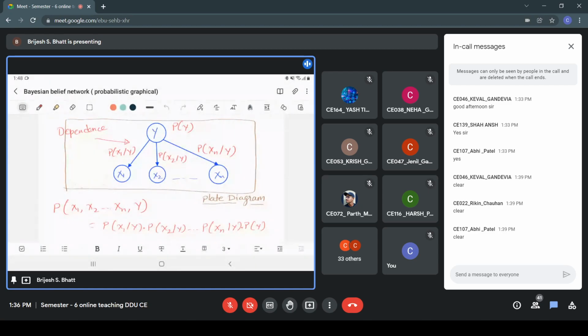Instead of writing this joint probability, I could draw this simple graph, right? And visually it is easier to understand. So that is also why people use this kind of graph. And we will see in probabilistic graphical models, these kinds of diagrams, known as plate diagrams, are very popular, where random variables, their dependencies and their combinations are represented through such figures.